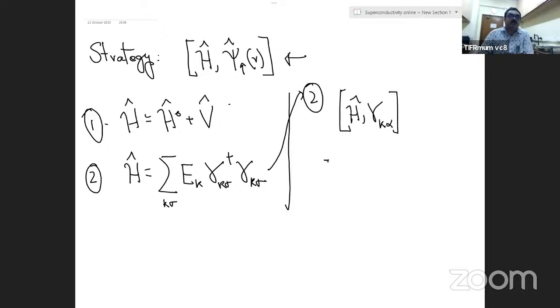Now this commutator, of course, the one with the opposite spin will commute with H, so it will give me 0. I don't need to bother about that one.